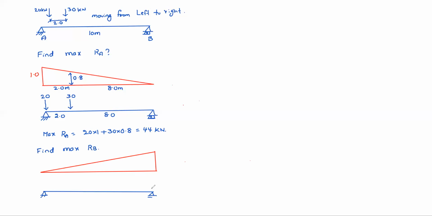So loading, if you keep 30 here and 20 here, okay, this is 2 meter, this is 8 meter. So obviously here it is 0.8, here 1. So maximum RB equal to 20 into 0.8 plus 30 into 1, that equal to 16 plus 30, 46 kilonewtons. 46 kilonewtons is the maximum RB.